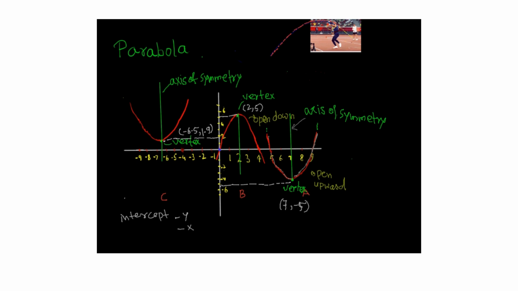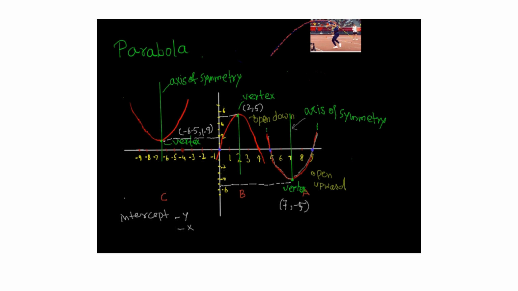Okay, what is the x-intercept? The x-intercept is where the parabola is intersecting the x-axis. So if I see a parabola, then intercepts, if you see there are two intercepts, one is here and one is this.